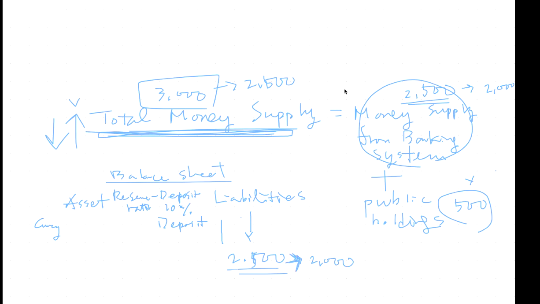So to make it 2,500 deposit to 2,000, Federal Reserve should execute what? Open market what? To reduce deposit, the Federal Reserve should execute open market purchase or open market sale.